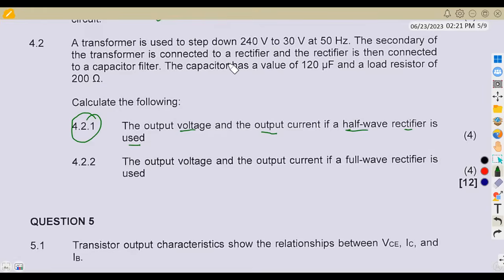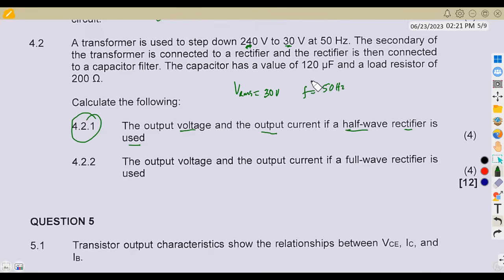All right, let us take our information and see what we have got in this case. Remember, we have got the input, which is a step down from a voltage of 240 to a voltage of 30 volts, which means at 30 volts, we now have our VRMS there at 30 volts, having a frequency of 50 hertz.